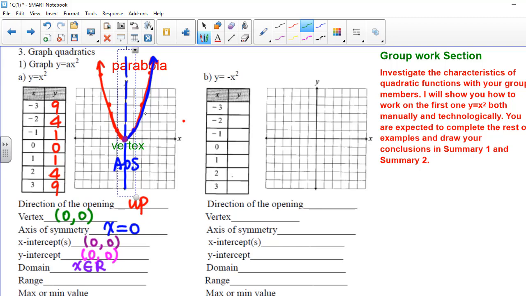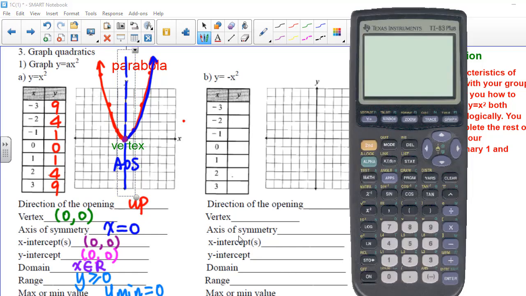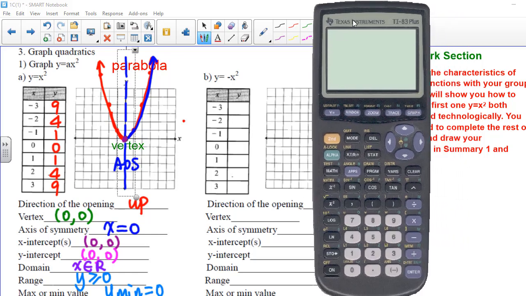All the y values on the graph have to be greater than or equal to 0. Since this parabola opens upward and this vertex is the lowest point, this quadratic function has the minimum value 0.